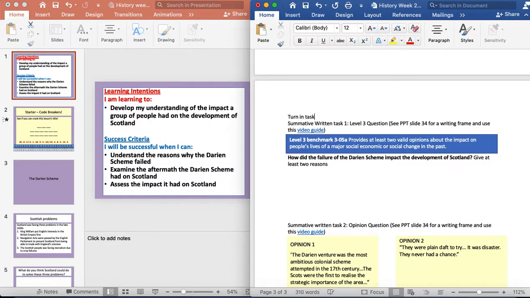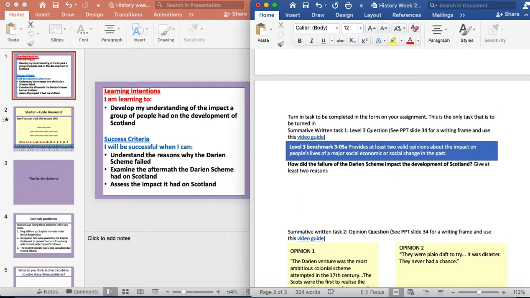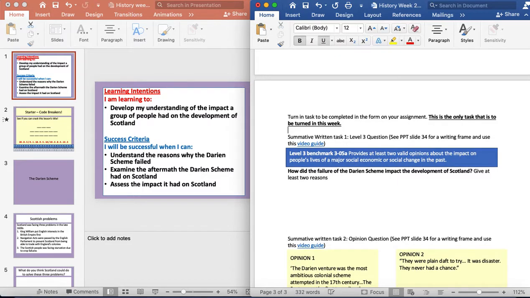This is the only task that is to be turned in this week. I'm going to underline that and bold it. Are we good? Has everybody got us? So you've got 2 tasks there.